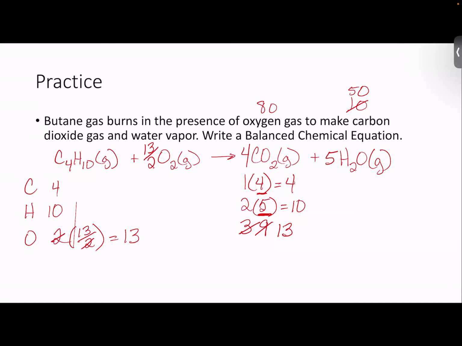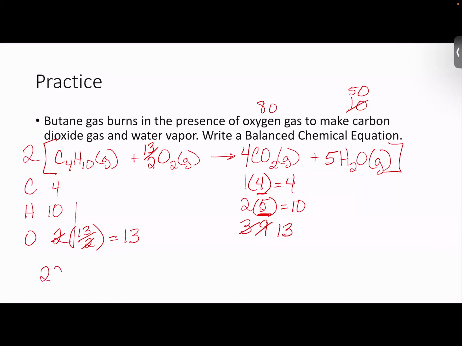If you go back, though, I said that they have to be simple whole numbers. And if you have a fraction, you multiply the entire reaction through by the denominator. So we're going to have to multiply this entire reaction through by 2. What I mean by that is we're multiplying the coefficient of that entire reaction by 2.